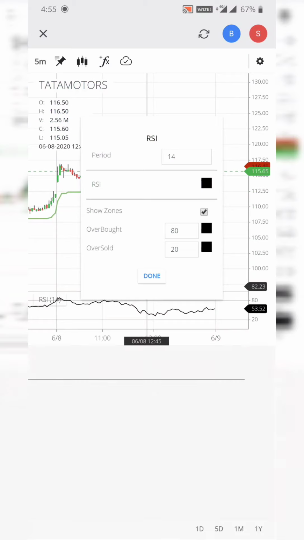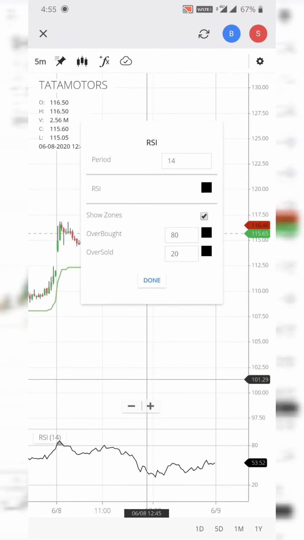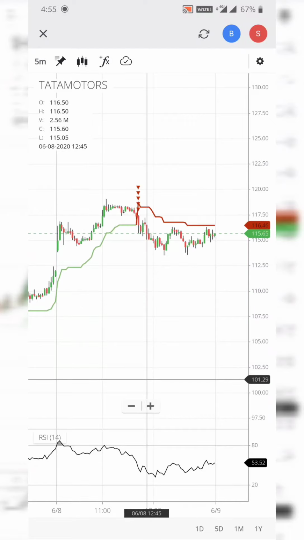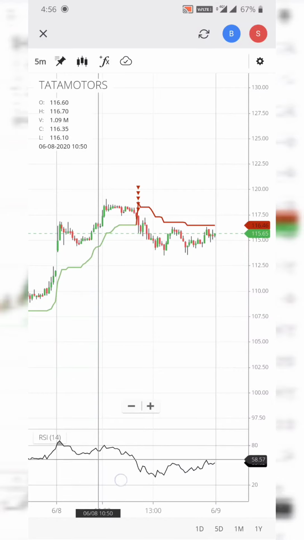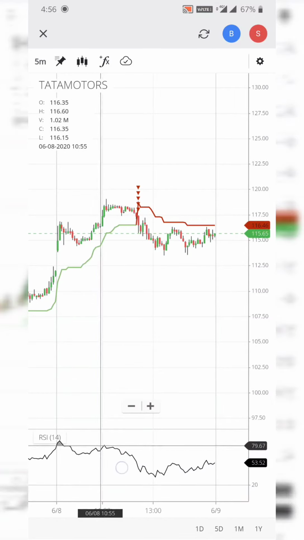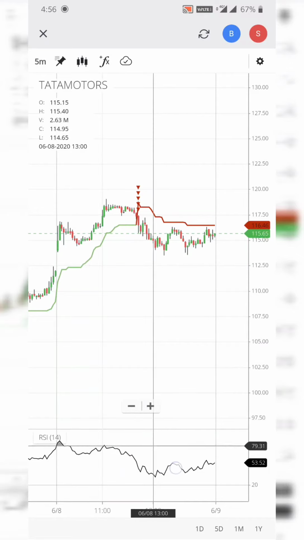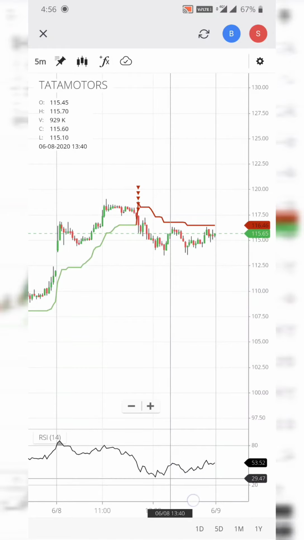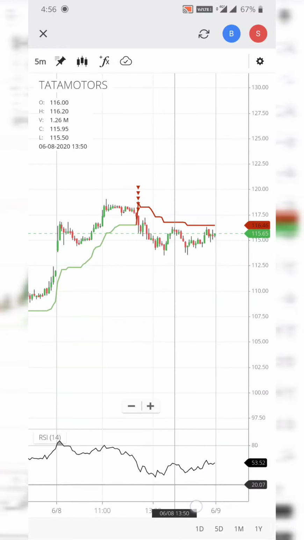RSI. This is one of the major indicators, and you need not change any settings on it. We also use the default settings on this indicator. You can see the overbought and oversold zones on this stock. Here, 80 indicates the overbought zone, and here 20 indicates the oversold zone.